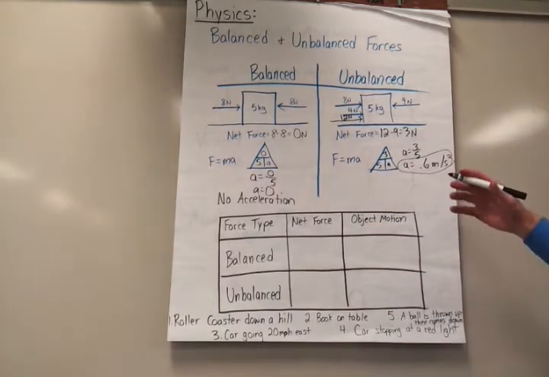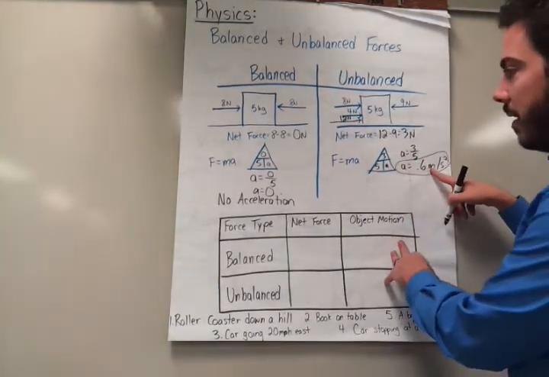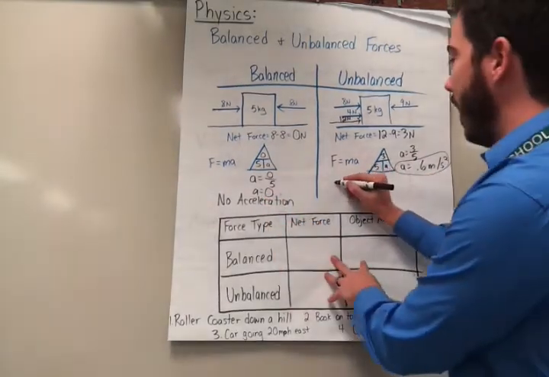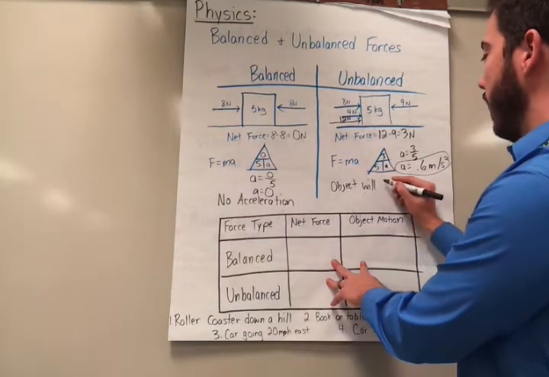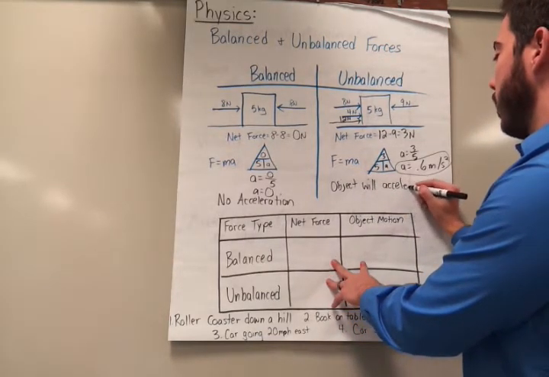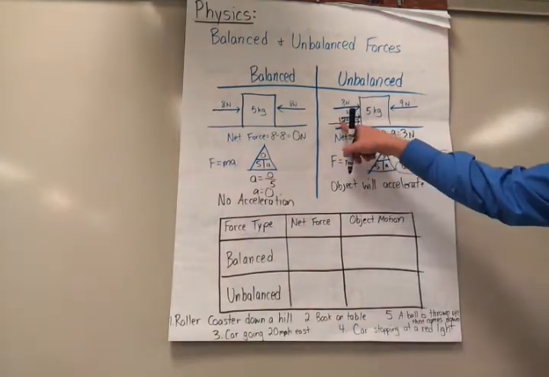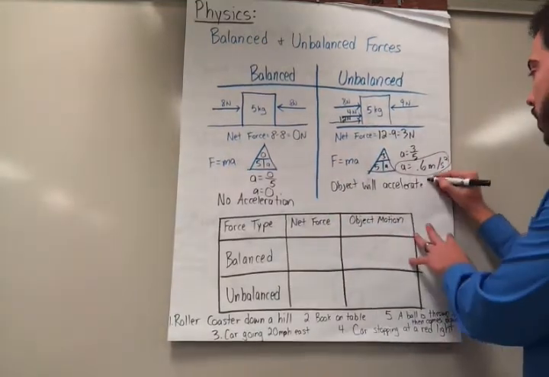So that's just a quick explanation showing you that if we have an acceleration, this one was 0, this one was 0.6, that means the object, the box or whatever, will accelerate. And we know that because the greater force is to the right, we can expect the acceleration of the box to be to the right.